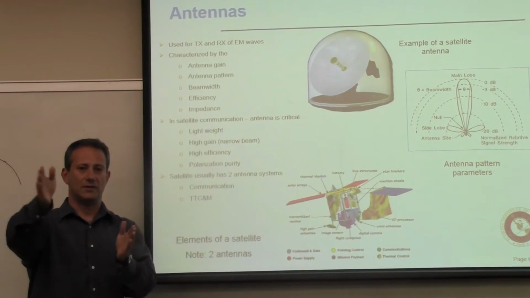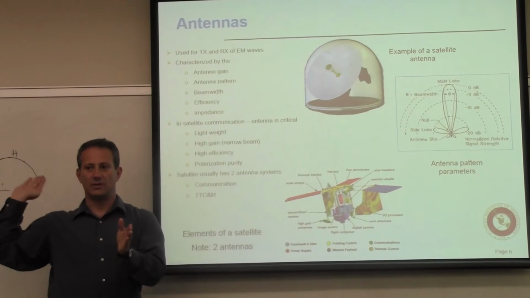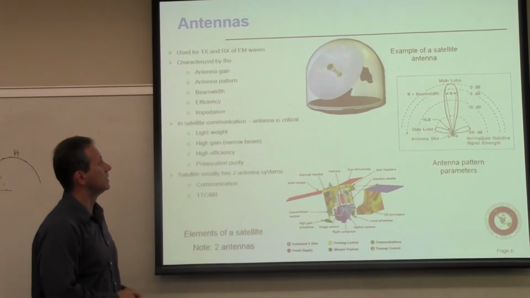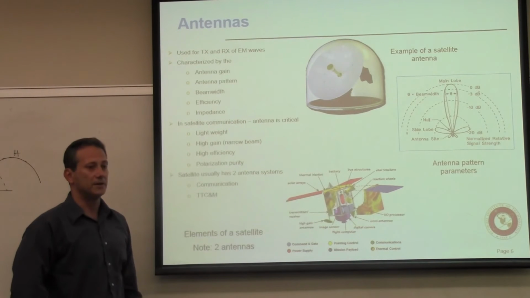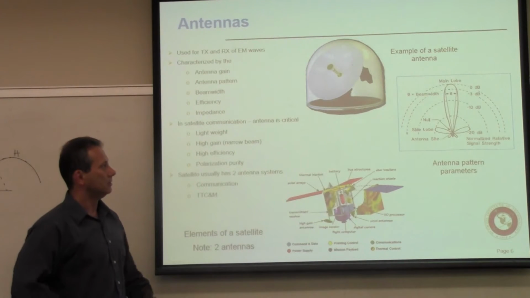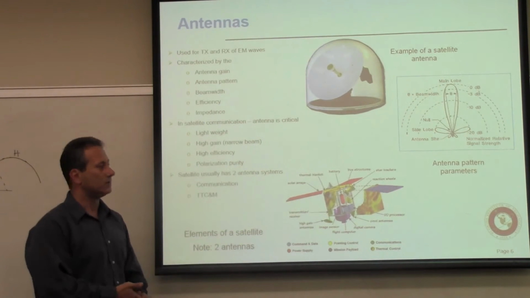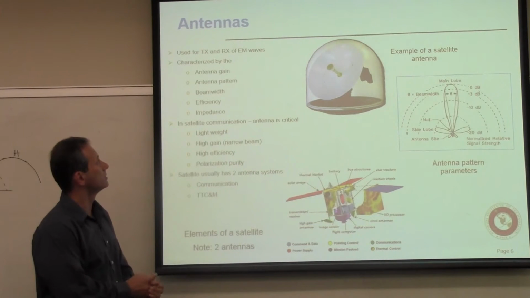You have antenna gain different in every direction relative to the center of the antenna. We specify antenna gain usually through its pattern, which is three-dimensional, but a lot of times we represent it with two cuts, horizontal and vertical.